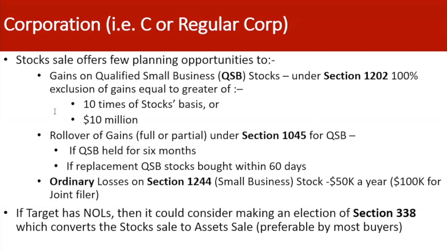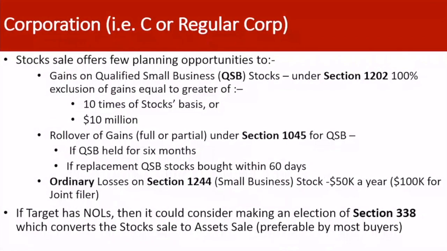So to compromise for both sides, there is a section 338 election available. What it does is, even though the seller is selling the stock, it can get the treatment of an asset sale, which is the preferable option for the buyer.